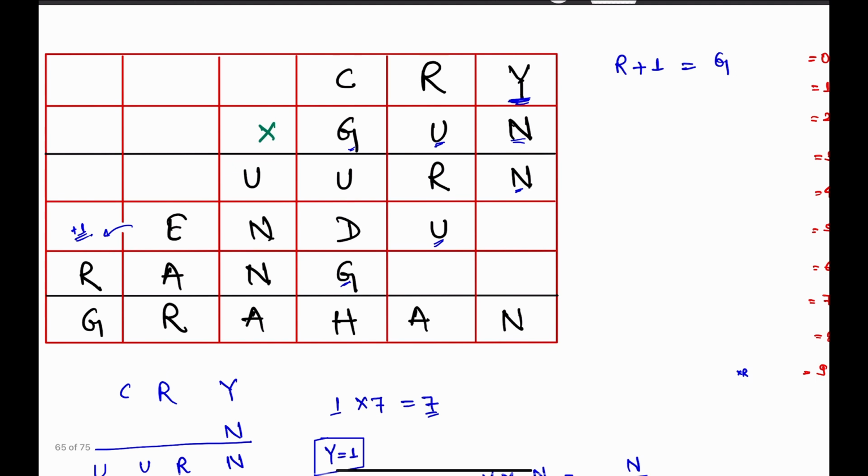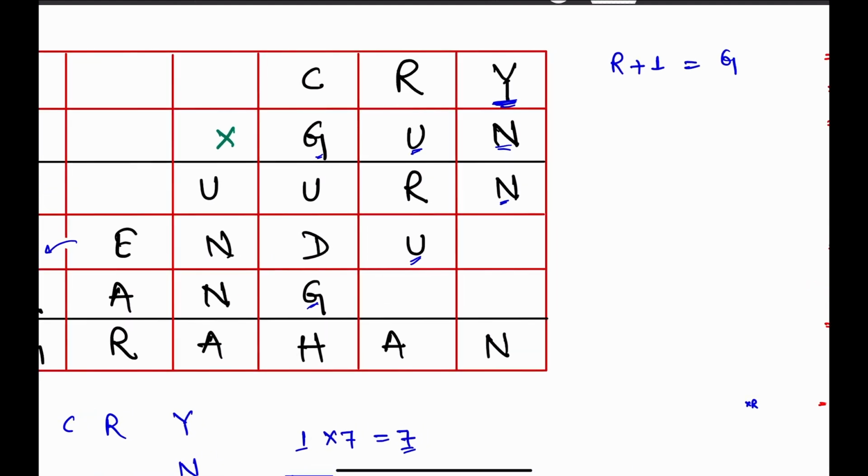Okay, now let's focus on something else. Y into n equal to n, fine. So n into r equal to r, that is also one of the things which we have to consider. When my r is multiplied with n, I am getting n.